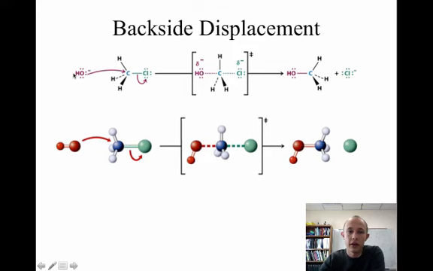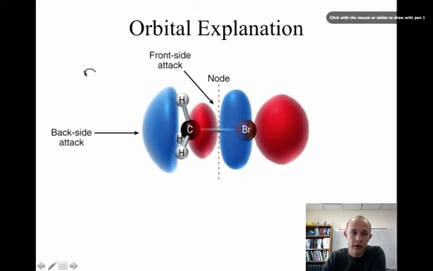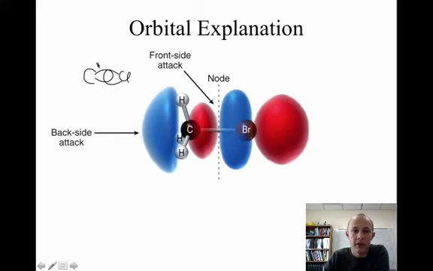If we look at the orbitals that are involved in methyl chloride, carbon is sp3 hybridized, and I'm just going to draw that bond. So we have an sp3 hybrid orbital on carbon that's overlapping with the sp hybridized orbital on chlorine, and we have 2 electrons in this orbital.